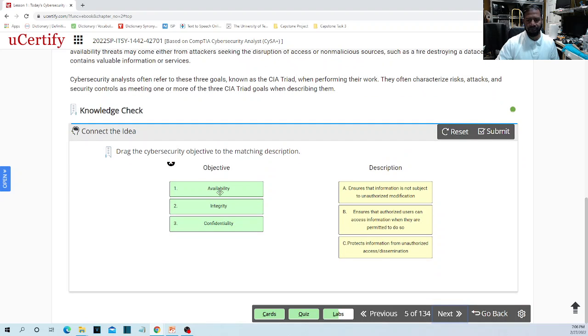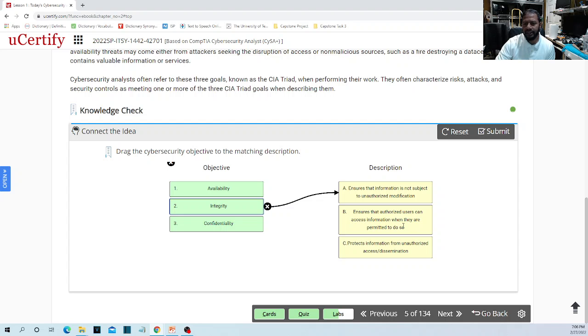And you have this little exercise in here. Let's just do one. A says ensures that information is not subject to unauthorized modification. That will be integrity. Integrity meaning it is not being modified by unauthorized people. Now let's see. B ensures that authorized users can access information when they are permitted to do so.